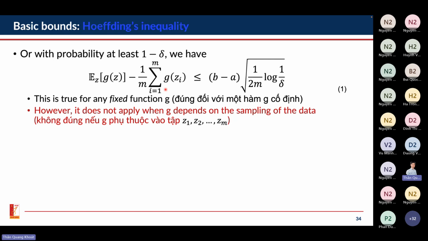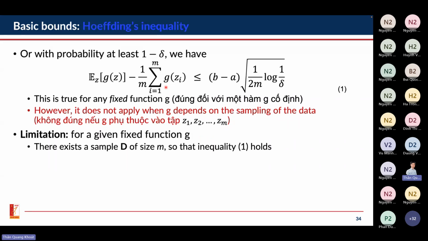And when we apply this to a trained model, the z function can be changed when we train a model, right? So we cannot use this result directly to analyze our training model, okay? Because the training model depends on the training set, right?